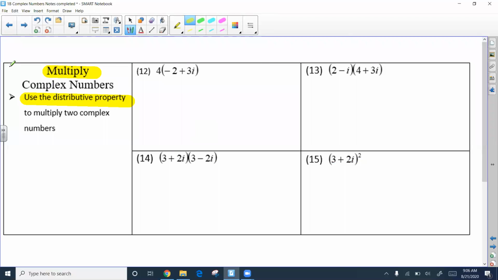Okay. So to multiply complex numbers, make sure you write that down somewhere: use the distributive property to multiply two complex numbers. And then, of course, let's do some examples.